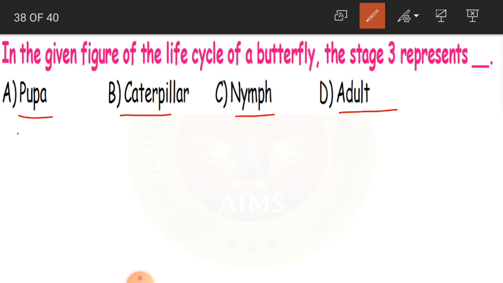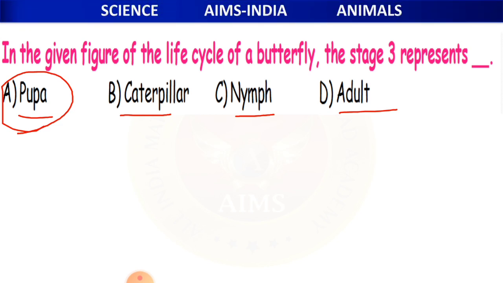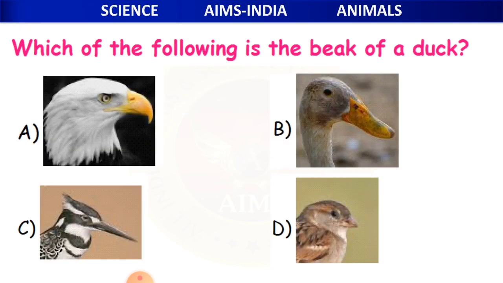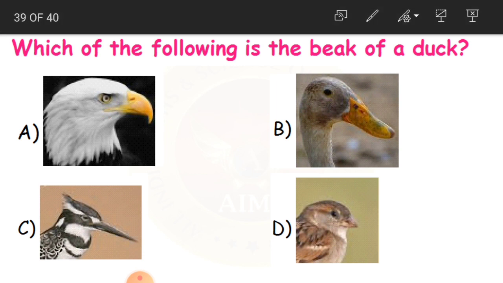That is A. Pupa is the correct answer. Now we'll go with the last question. Which of the following is the beak of a duck? It is very easy for us to identify. B is the correct answer.